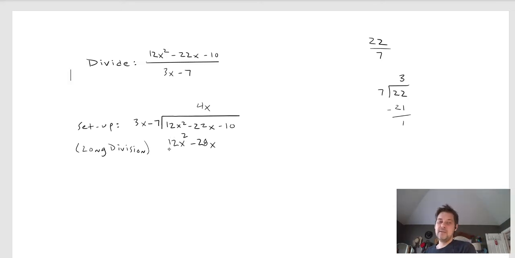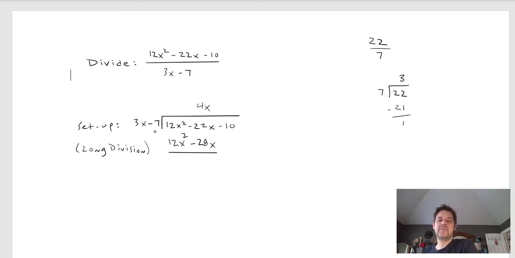Now the next step is similar to what happened over here. What did I do at this stage over here? I subtracted. I said I got to take 22 minus 21. So same thing, I need to subtract this. I'm taking all of that and I'm going to subtract this.